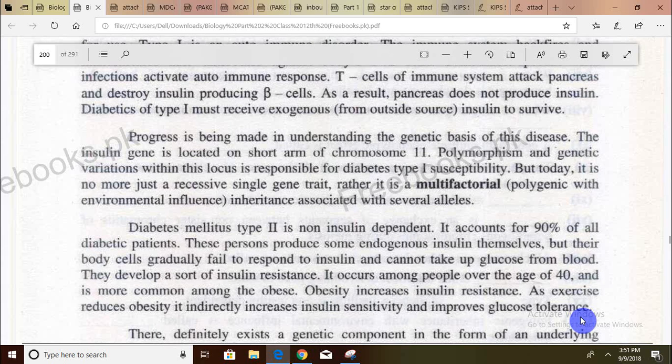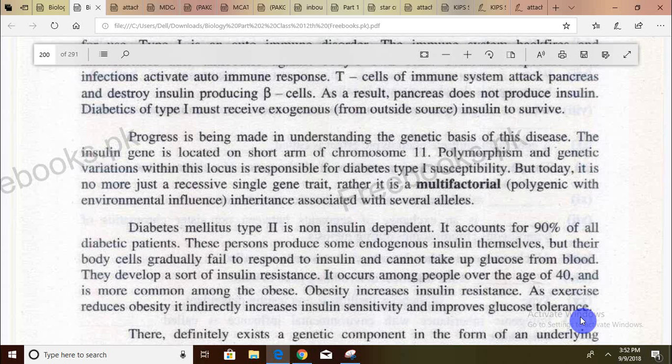Right, so this was all about type 1, and now about type 2, non-insulin dependent, and about 90% of all diabetics are type 2. This is an important statistic. About 90%, right?